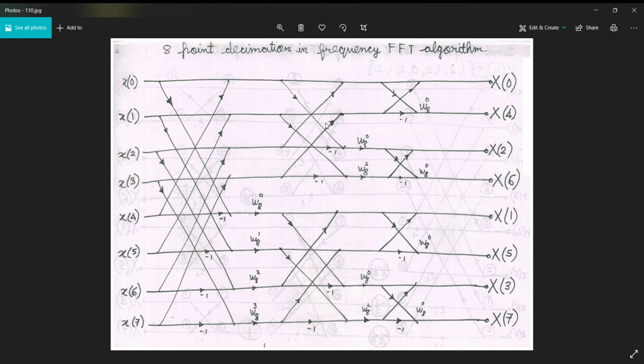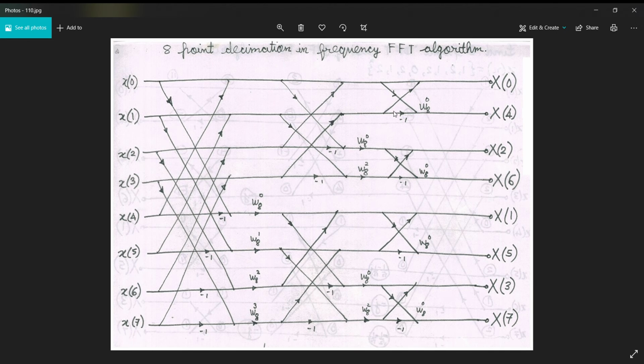One common thing you can observe between the DIT and the DIF 8-point is that stage 2 remains as it is in both the cases, while, as I said, the 2-point butterfly calculation was in stage 1.